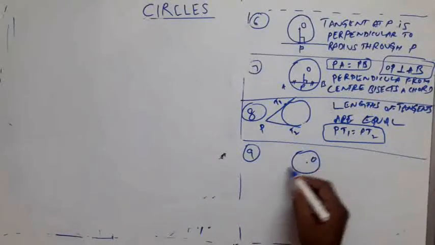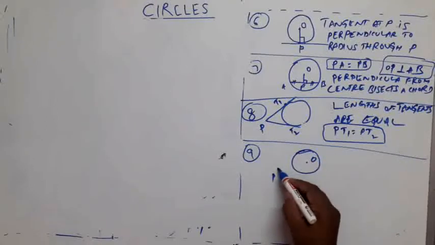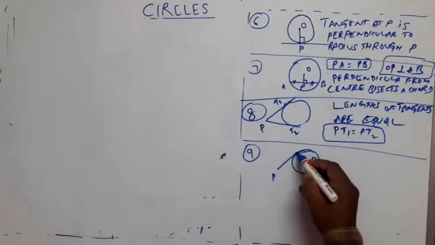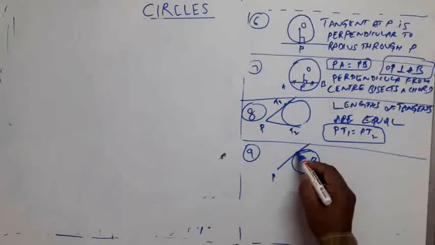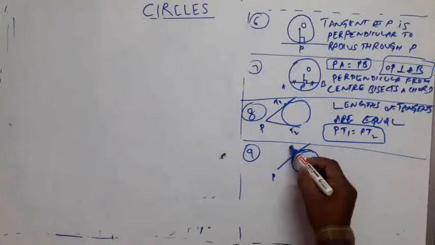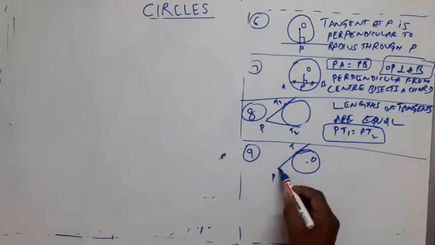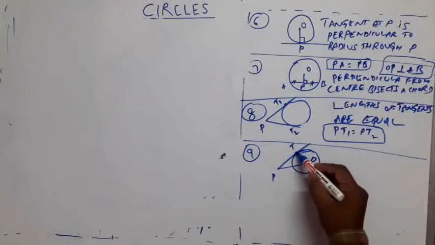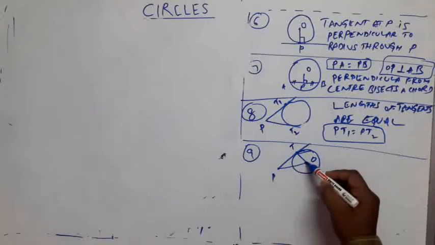Let us say this is center O. This is an external point P. Let us say I have drawn tangent to the circle through P. One tangent is this. Of course I can draw one more tangent like this. Let us say this is T. I have joined the center to P. I have joined the point of contact also to the center.